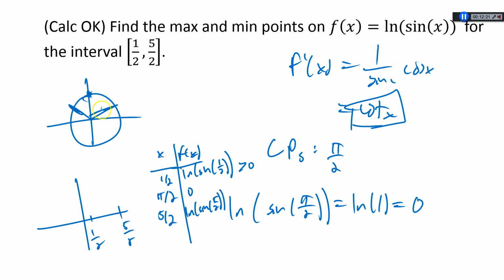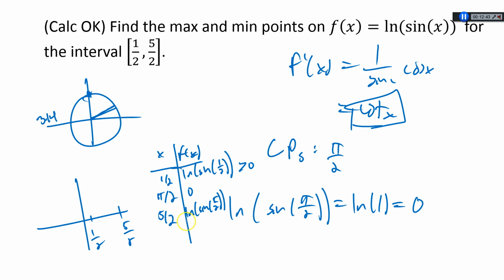Let's think about that. 5/2 is 2.5. And pi is 3.14. So we got 3.14 over here. I just want to know which one's bigger. So sine of 5/2. Sine of 1/2, 1/2 radian would be like 23-ish degrees. So it's like over here. And then what's our other one?